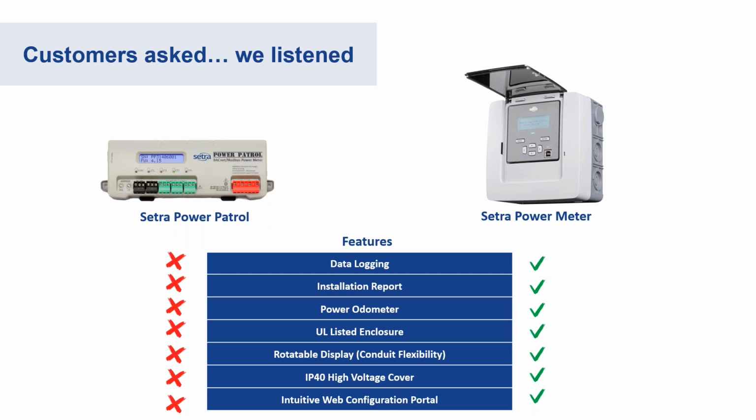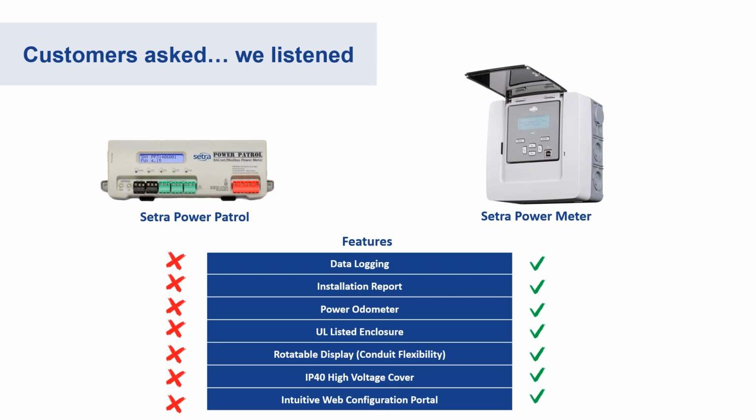But just comparing a little bit of our first generation meters to the next generation meters. On the left is the Power Patrol model, and it doesn't have as much data logging. It doesn't have the same type of installation reporting, a built-in power odometer. Our new meter has a built-in UL listed enclosure, and we'll talk about the specifics of that and how that works.